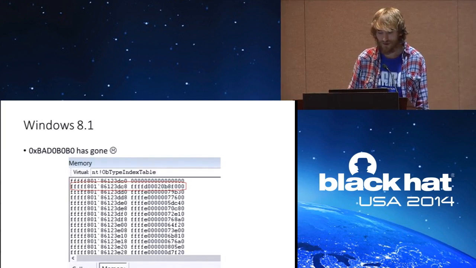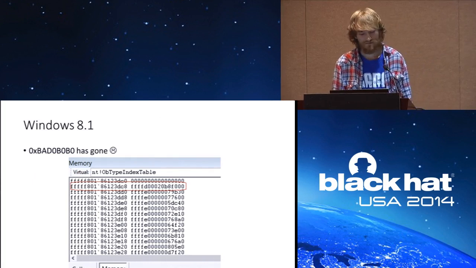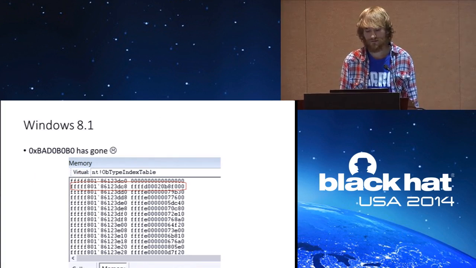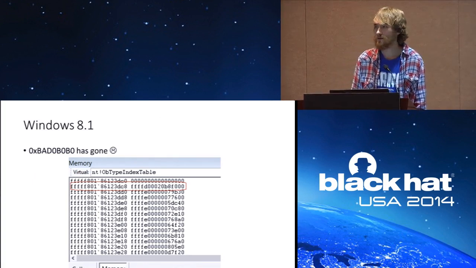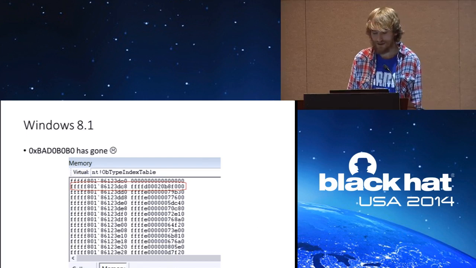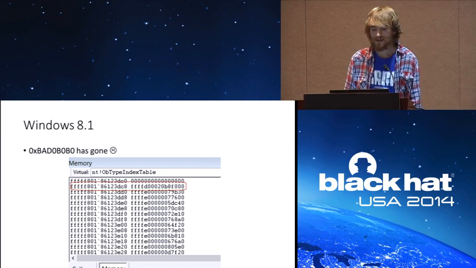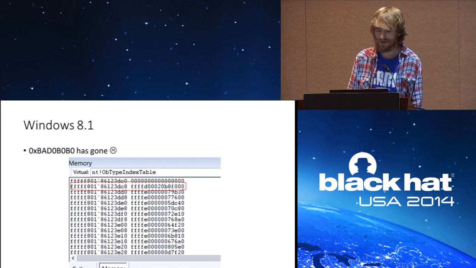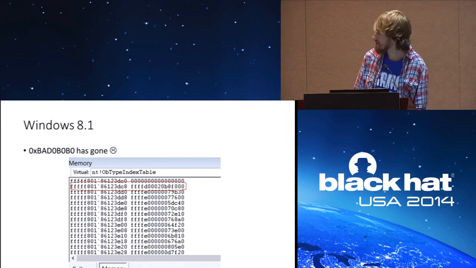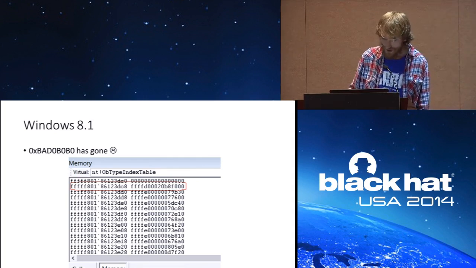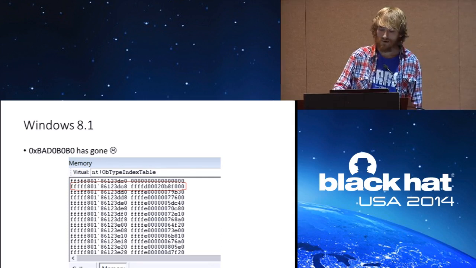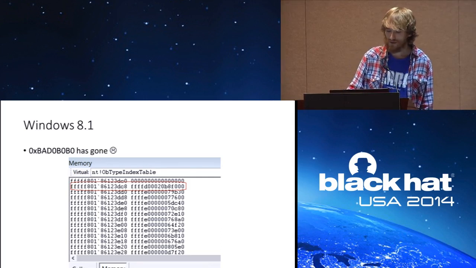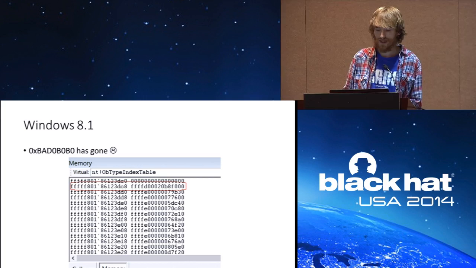So on Windows 8.1, Microsoft didn't change the first element, because on 8 and 8.1 you can't allocate at address 0, but the second element they changed to an address, and actually this address is allocated in the very early booting process of Windows, when the Object Manager creates object types.